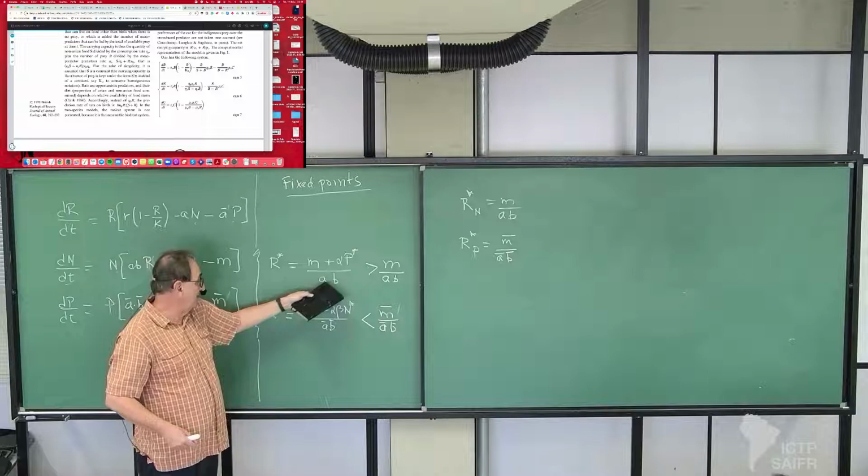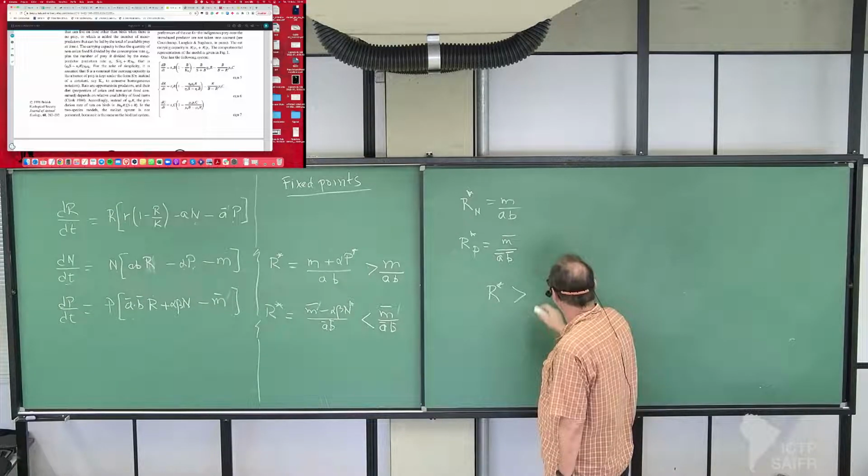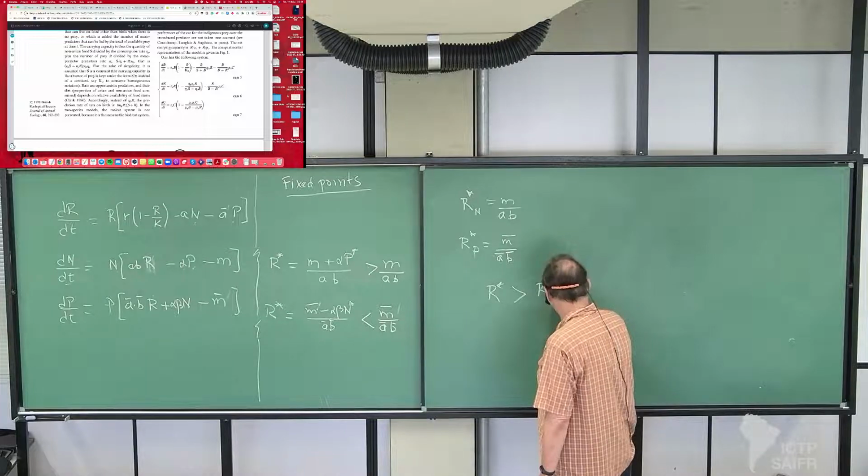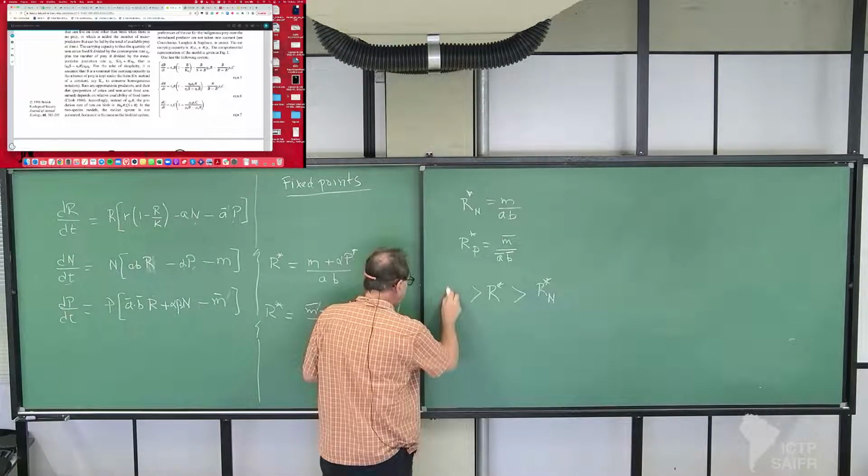Now you see that R star, which we calculated here, has to be bigger than R star N, but smaller than R star P. You agree?